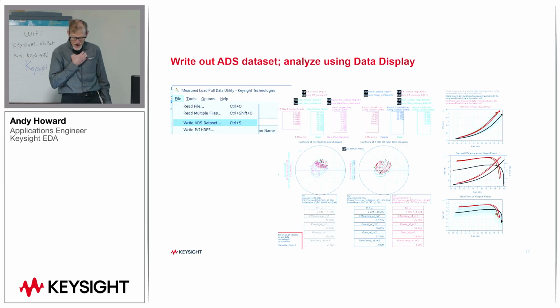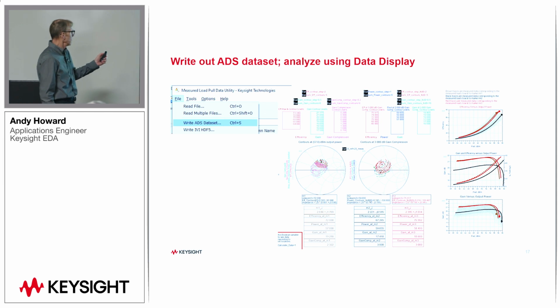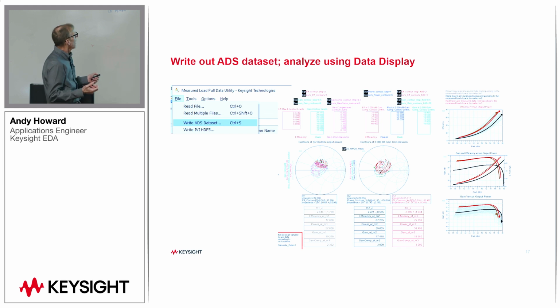Okay, so this is an example of once you've read in the data or you've opened a file in the graphical user interface, and you've looked at it and you're happy with it, maybe you've excluded some points, you can then say File, Write ADS data set. That writes out a data set, and then you can plot it in the ADS data display.